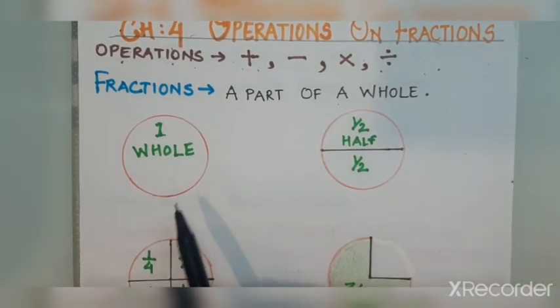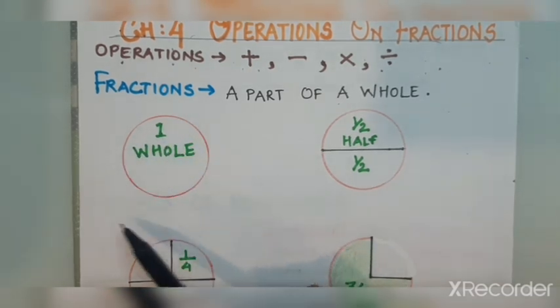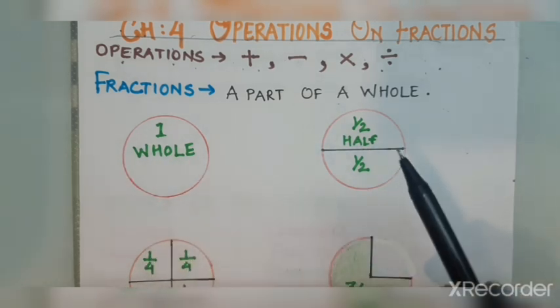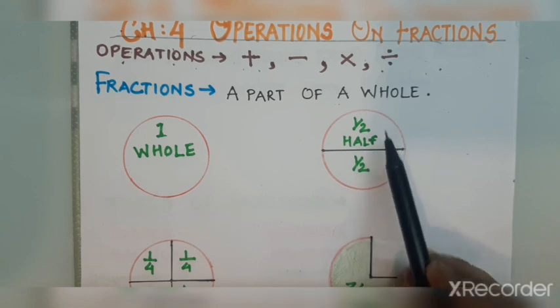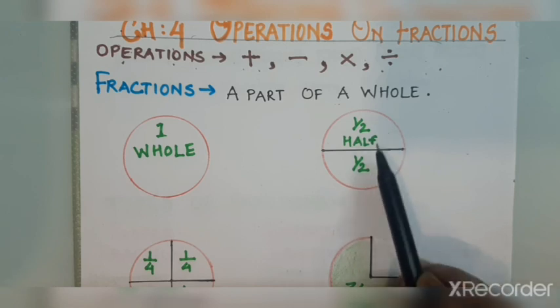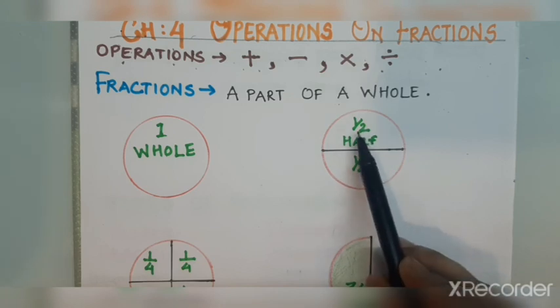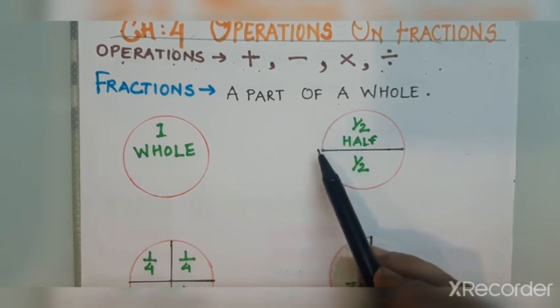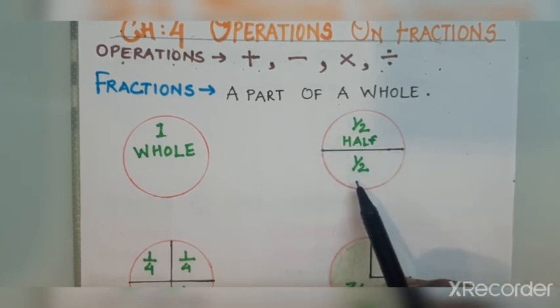For example, look at this circle. This circle is a whole circle, so this is one full part. When we divide this circle into two equal parts, each part becomes half. So this top is half, and below also is half.